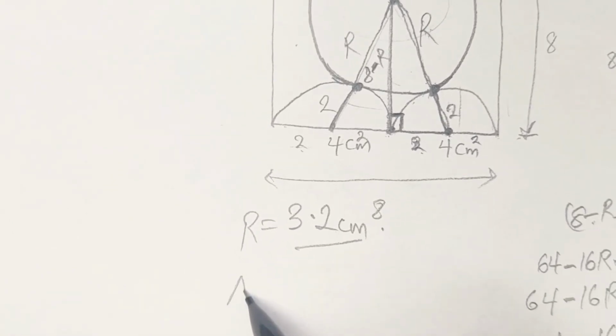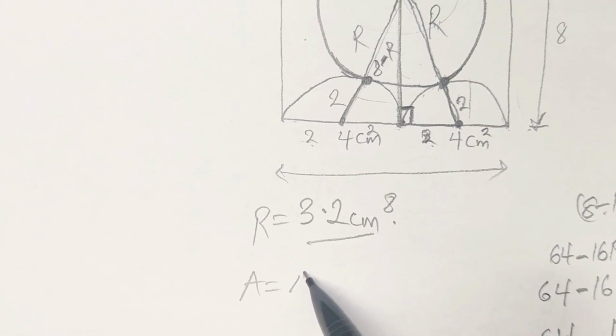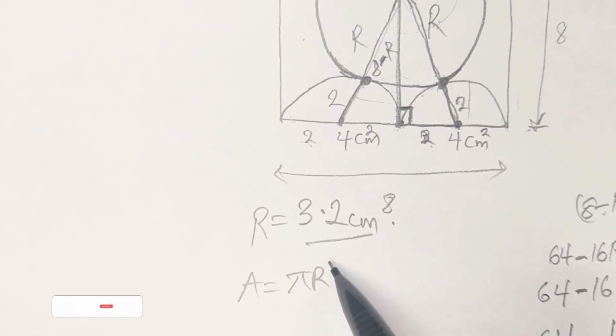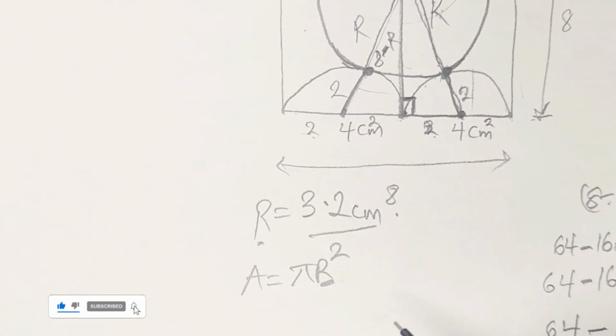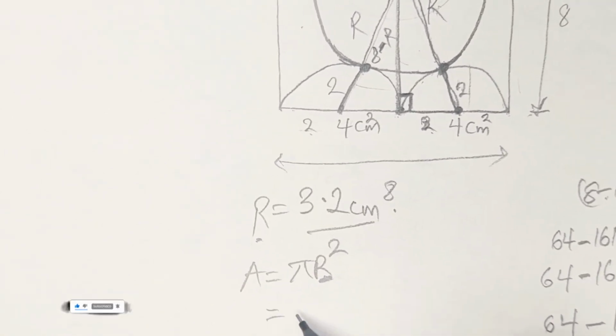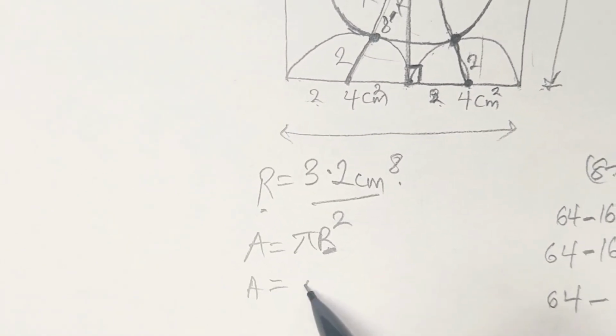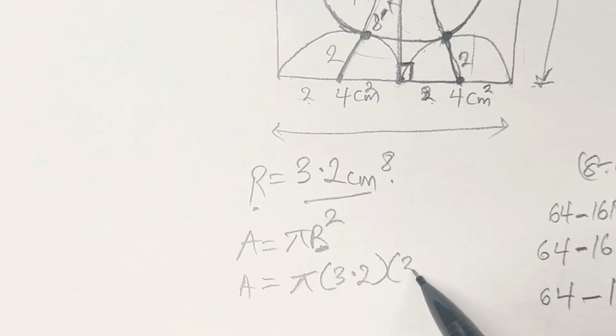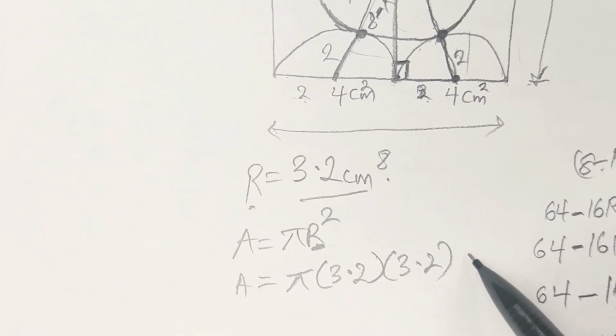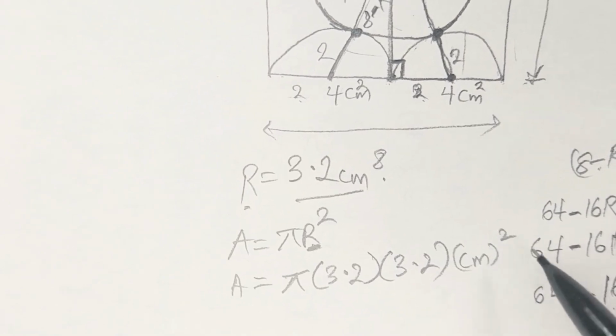Now, what's the area of a circle? Area of a circle is pi R squared. Since we're dealing with the big R, so we're dealing with the big circle, so it's pi R squared. So this becomes pi times 3.2 centimeters squared.